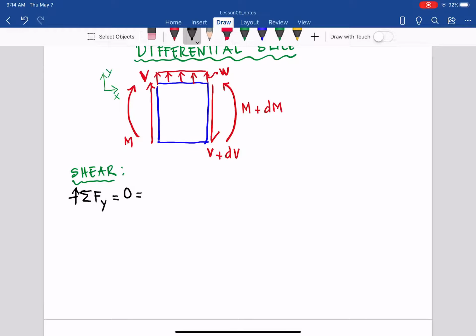So from left to right, you can see the shear V on the left side, and then you have that differential slice, where the distance here is dx. From that, the distributed load times the length becomes the load, right?